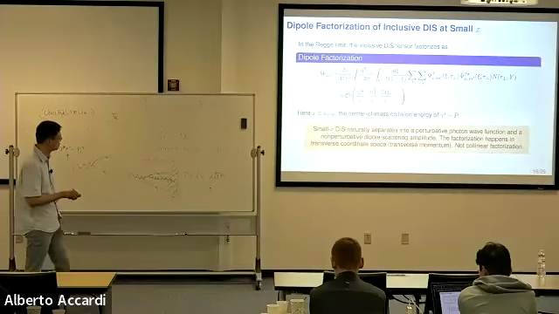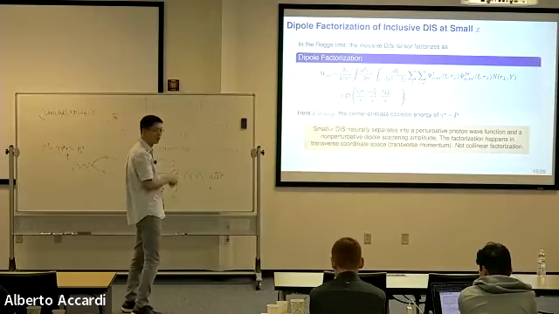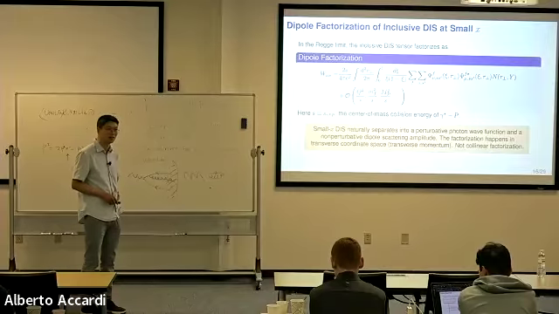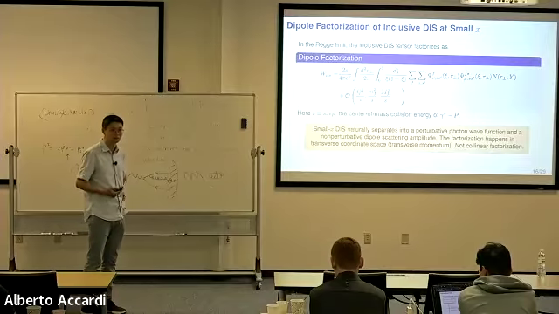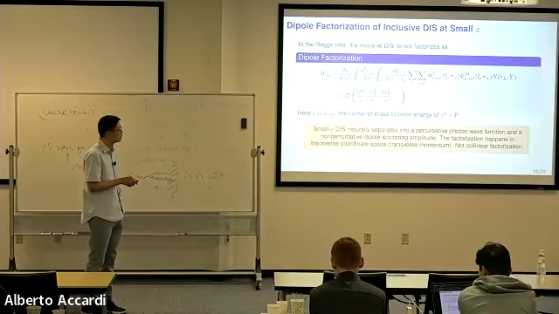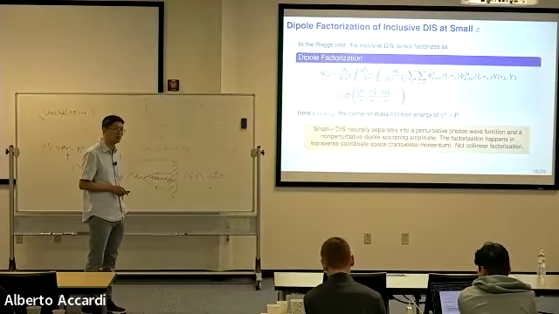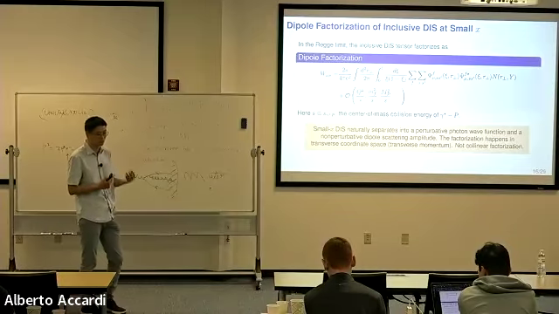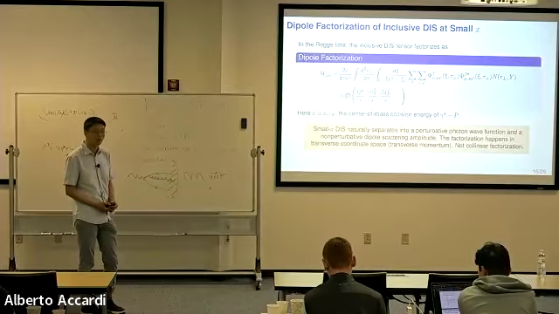Another is to try to push the corrections I ignored here, 1 over S, just like in the collinear factorization. People try to add this 1 over Q squared correction there. The other direction is more theoretical development.